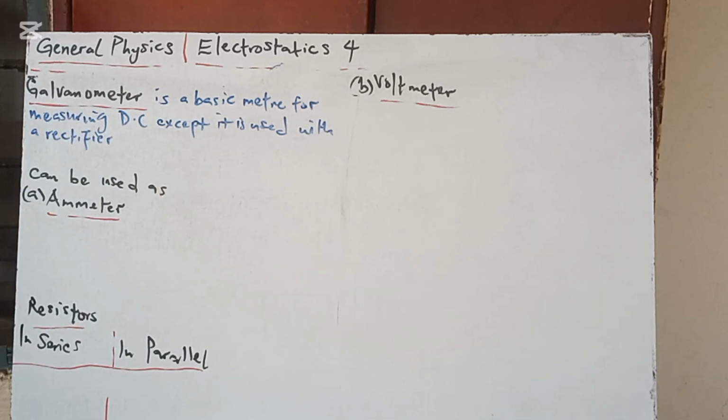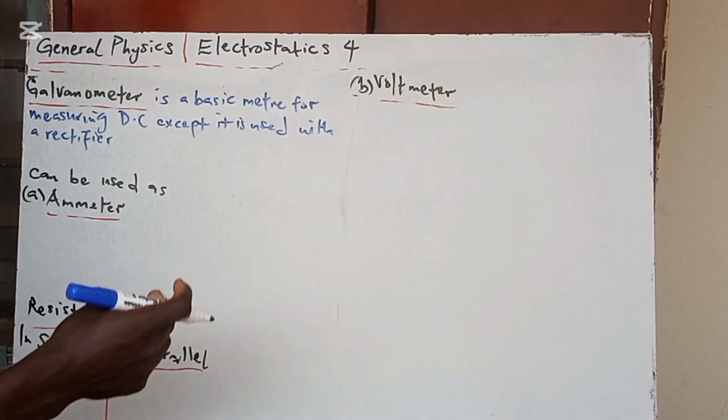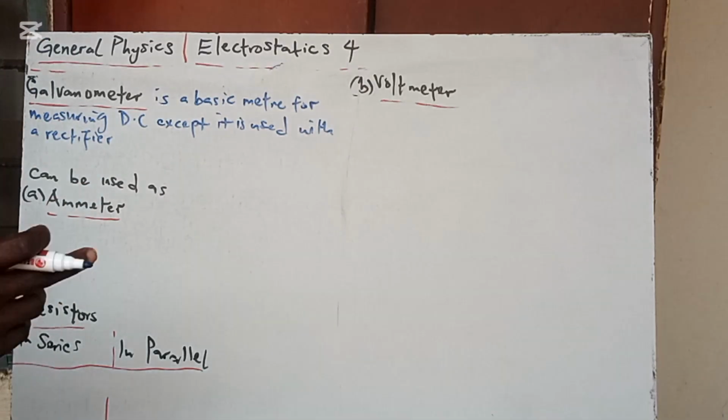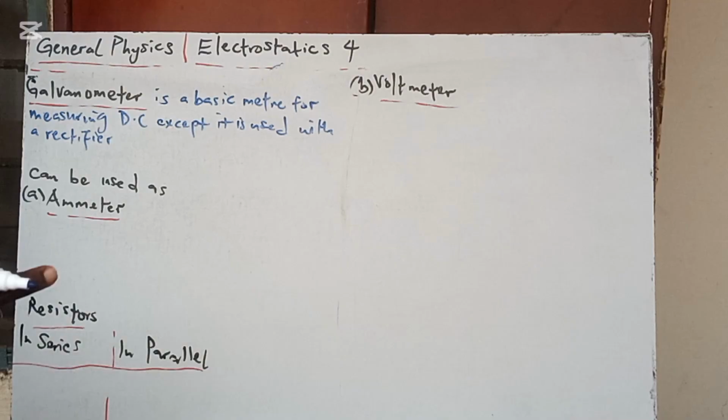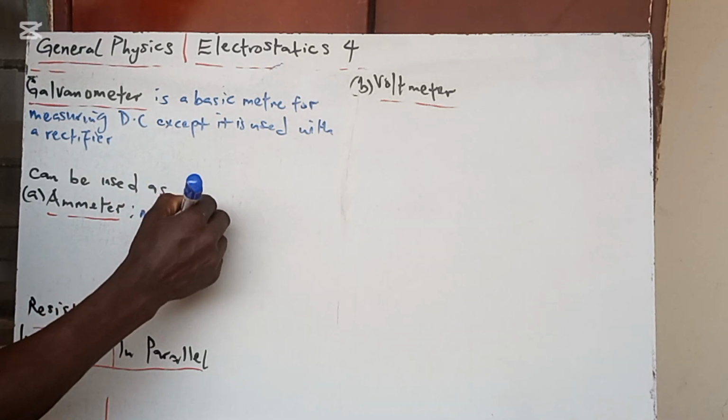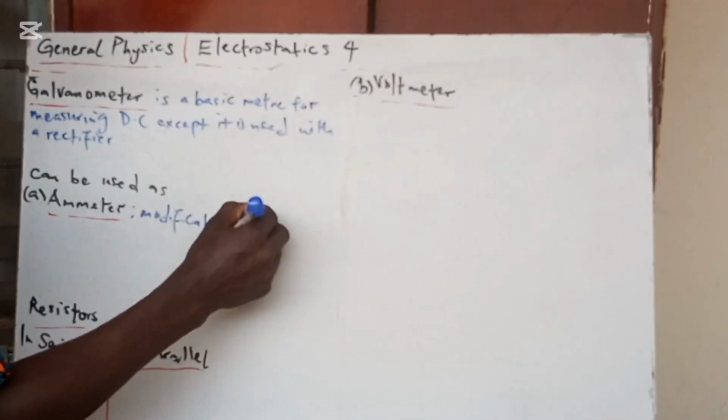Next is how it can be used as an ammeter and voltmeter. You can use a galvanometer as an ammeter when you connect it with a shunt resistor in parallel. Multiplication is done by using a shunt resistor in parallel.